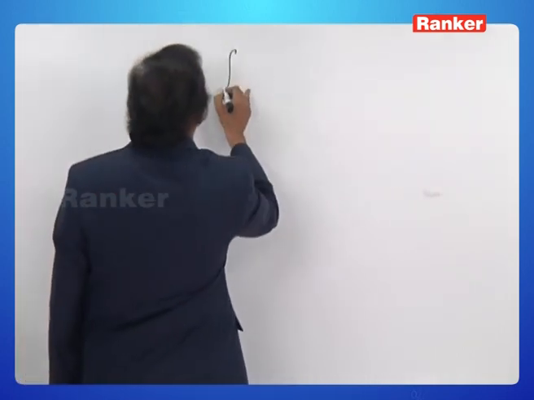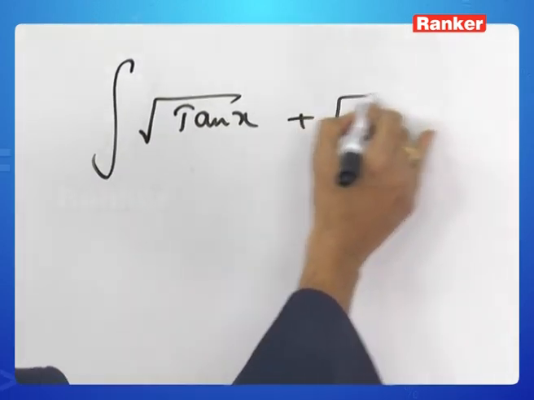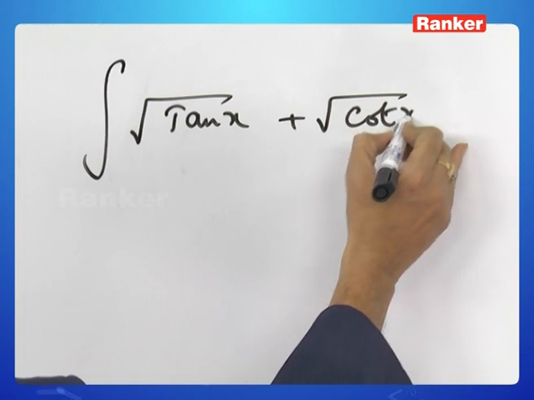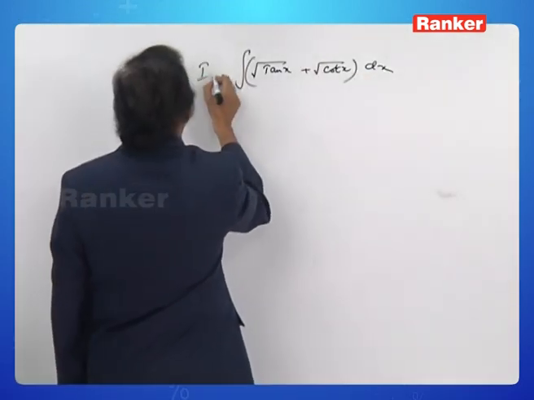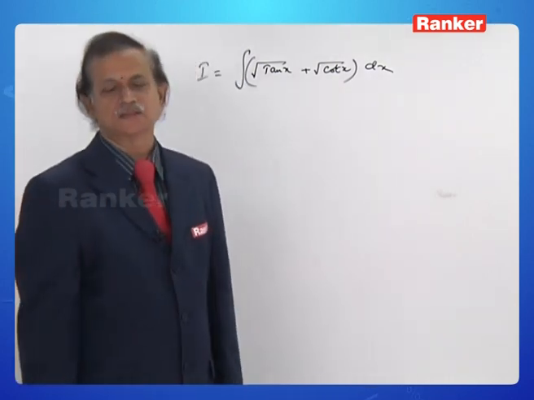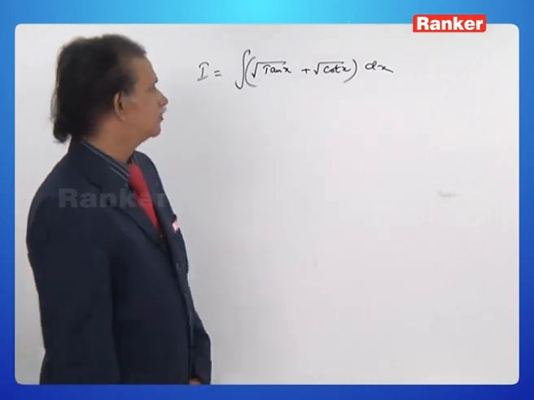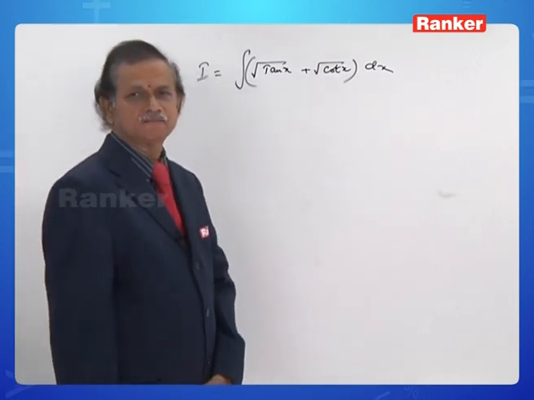The next problem before us, which looks special, is integral of root tan x plus root cot x. How to get it simplified? Let us first use the basic formula.